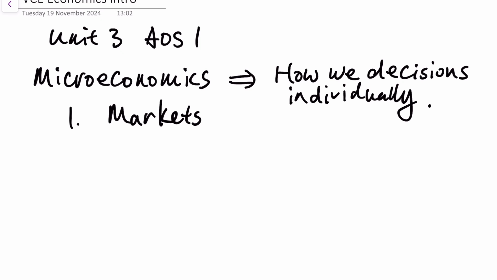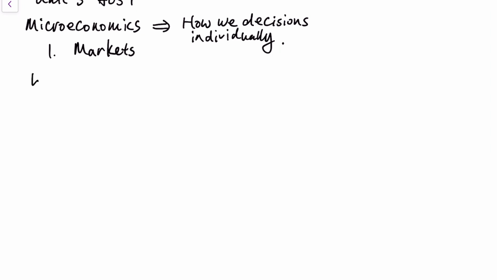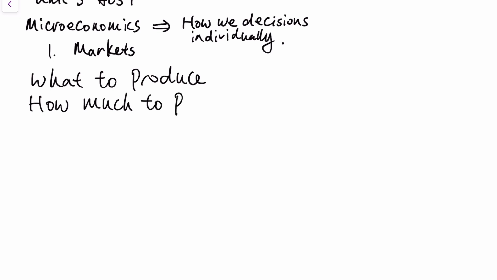So why do we study markets? Well, I think one of the biggest reasons is we want to look at how resources are allocated in the economy. The three fundamental economic questions: what to produce, how much to produce, for whom to produce.